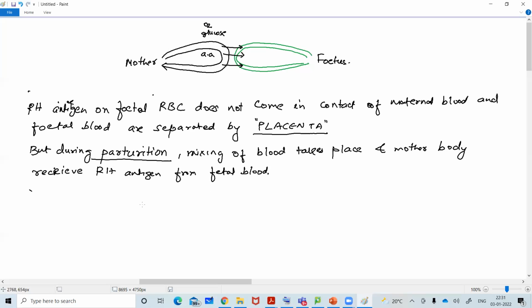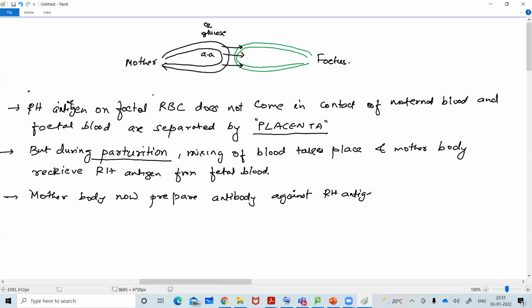Then what will happen? The mother's body now prepares antibodies. So the next point you can say: the mother's body now prepares antibody against Rh antigen. And we know that this Rh antigen is present in the fetus.